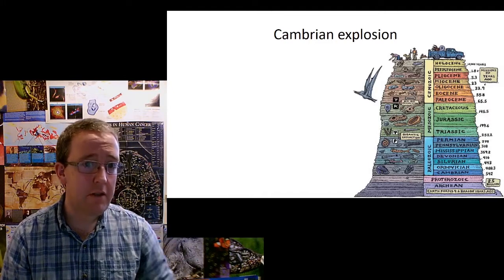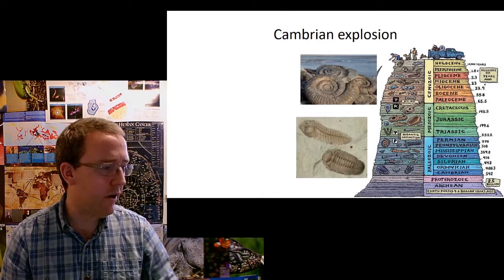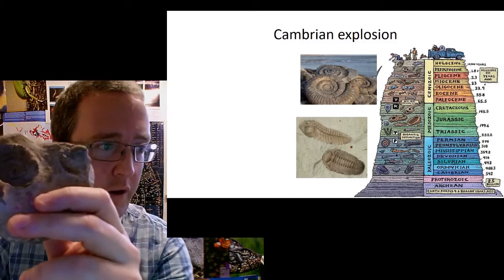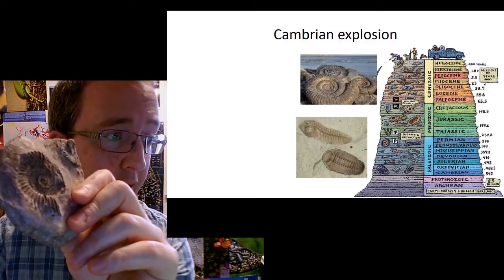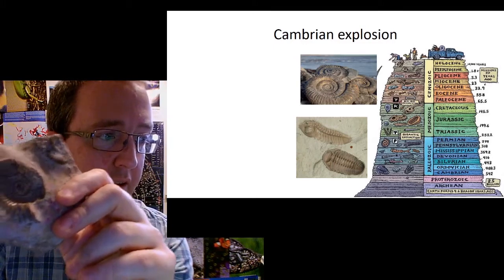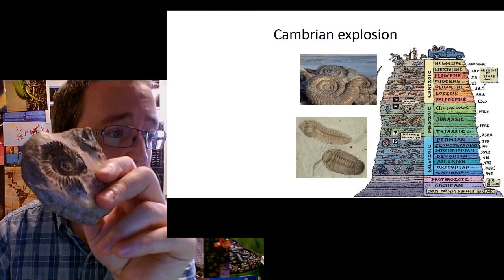Now, trilobites are sort of woodlouse-like things, and ammonites are these shells. This is what you can find if you go fossil hunting on the south coast of the UK. They're pretty common. So these are ammonites. They're sort of descendants of nautiluses.